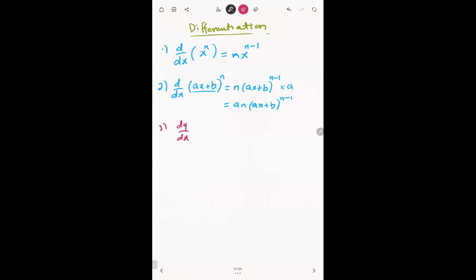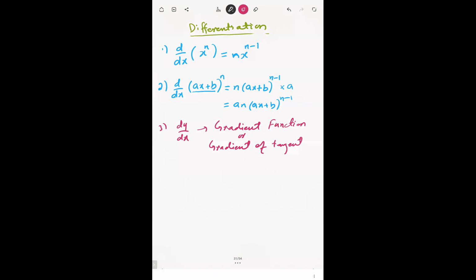Dy by dx represents the gradient function, or you can say it gives you the gradient of tangent. This dy by dx, y1, y prime, f prime of x, all those curves which are differentiated, they represent a gradient function. They represent the gradient of tangent. Now we'll see what it means.